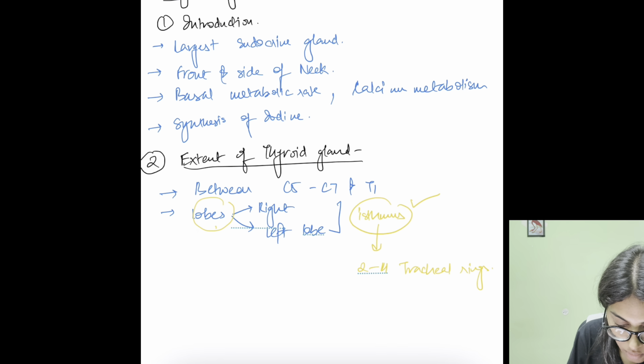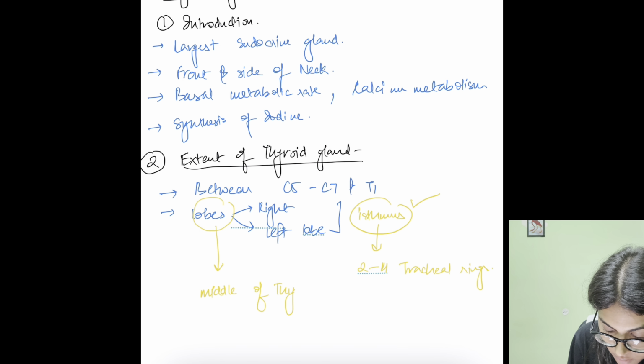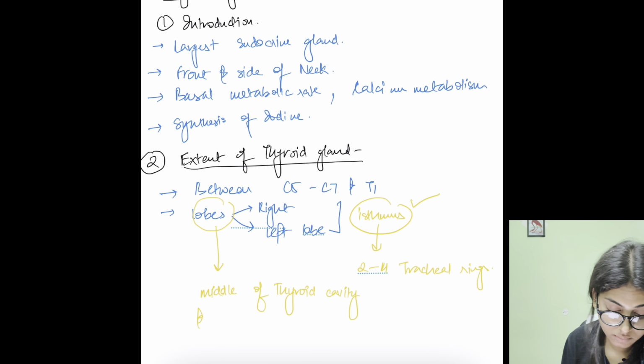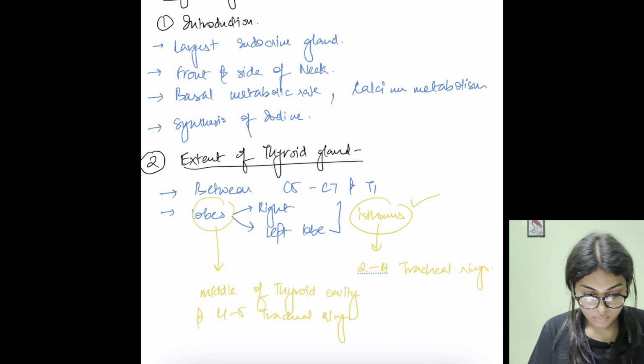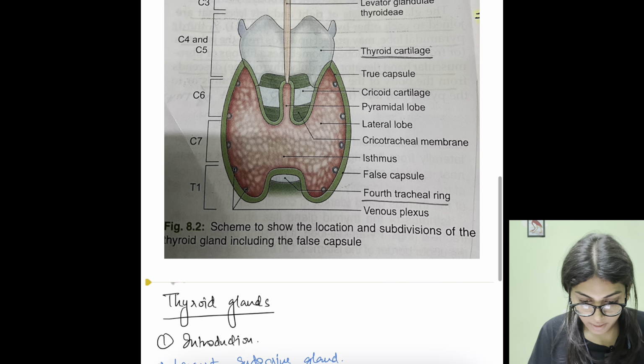and the lobes are present between the middle of the thyroid cartilage and the fourth or fifth tracheal ring. Here we can see the diagram.